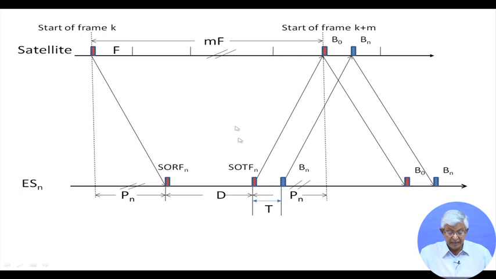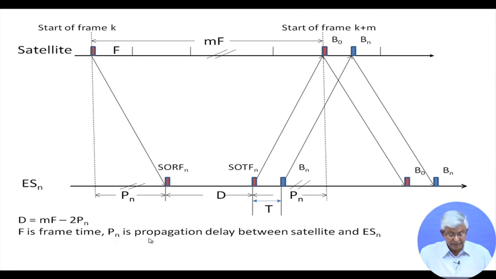Since p n's are known and F is known, putting some value of m we can find out d. With respect to d, you transmit t seconds or milliseconds later. So, the expression to find d is m times F minus 2 p n.